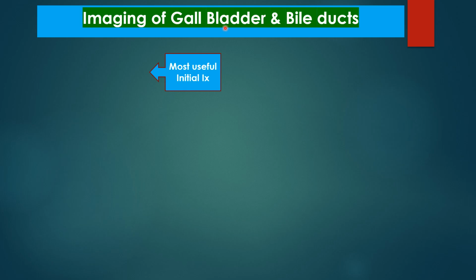Imaging of the gallbladder and bile duct. The most useful initial investigations include plain X-ray of the abdomen and chest. And more important is the ultrasonography or ultrasound of the abdomen. Together, these two are the most useful initial investigation for all gallbladder and bile duct problems.